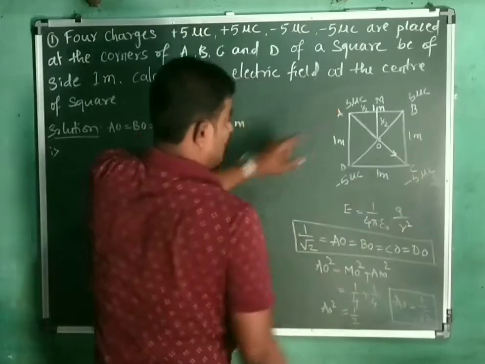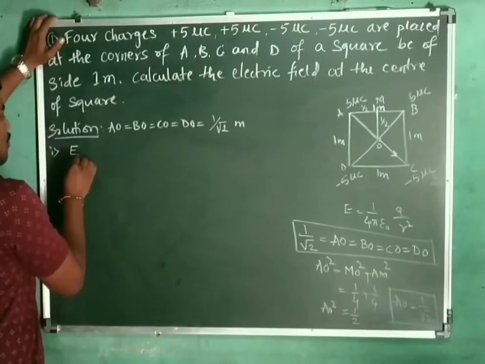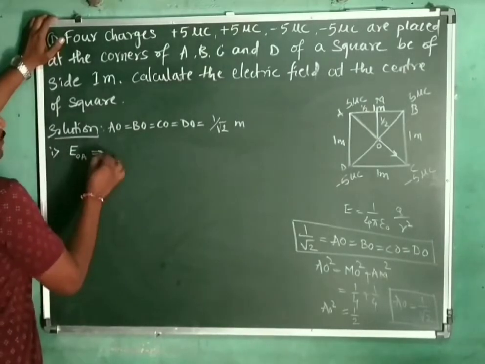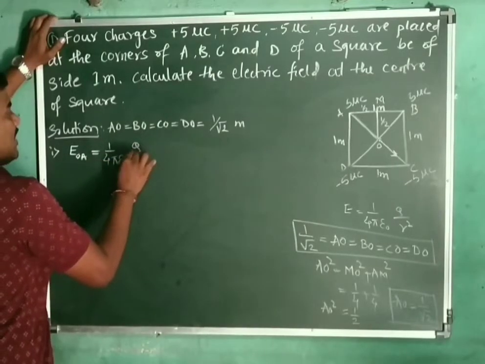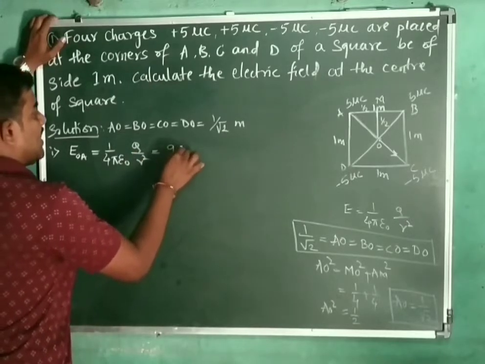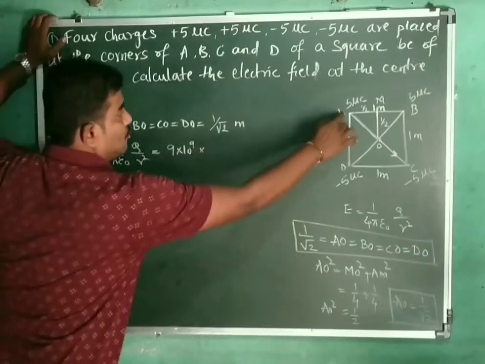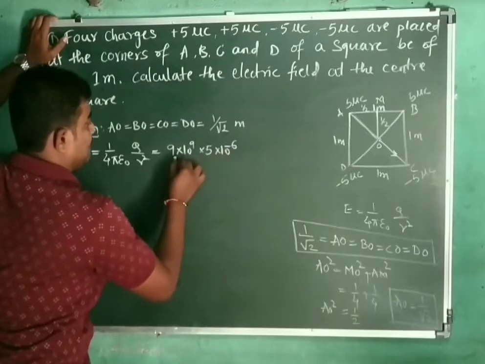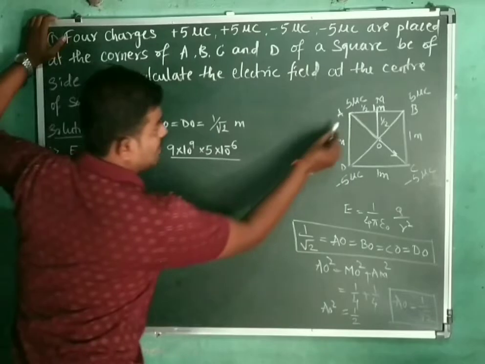That is the electric field at O due to A, let us call it EOA, equal to 1 divided by 4 pi epsilon naught Q divided by R square. 1 divided by 4 pi epsilon naught is 9 into 10 to the power 9, and Q is this source charge, 5 into 10 to the power minus 6, divided by distance R. R distance means this AO distance.